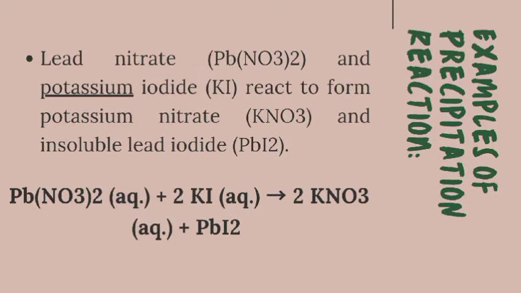Let's take a look at some examples of precipitation reactions between salt and lead and salt in aqueous solution. Lead nitrate, Pb(NO3)2, and potassium iodide, KI, react to form potassium nitrate, KNO3, and insoluble lead iodide.